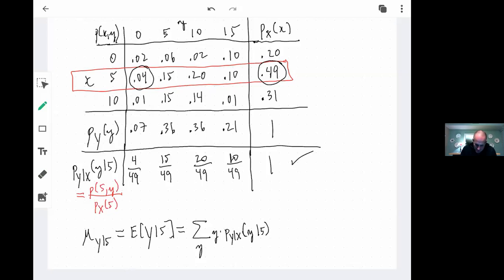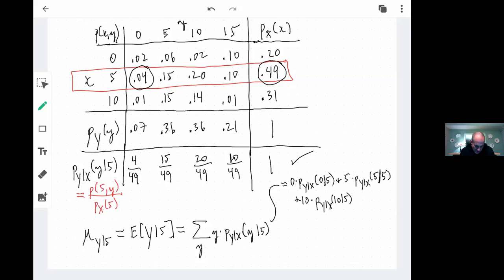So this thing would be equal to 0 times p sub y given x of 0 given 5, okay, plus 5 times p y given x of 5, sorry, this should not be a comma, it should be a given sign, right? So given 5, okay, plus 10 times p y given x of 10 given 5, okay.